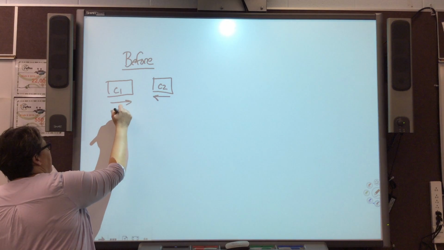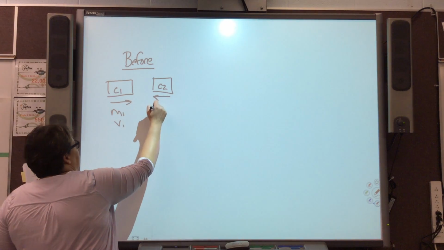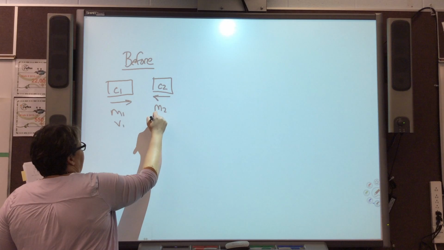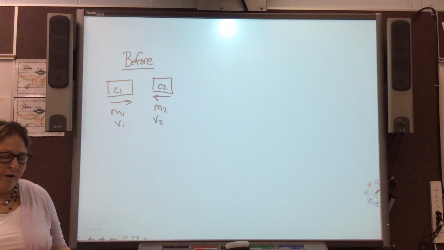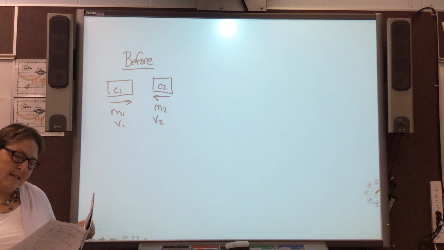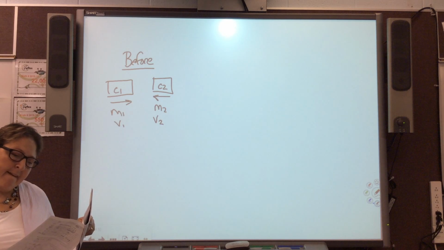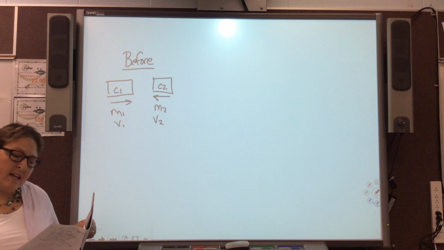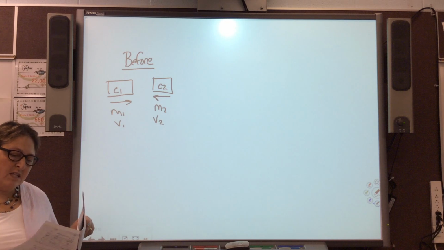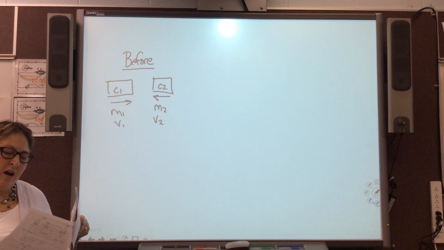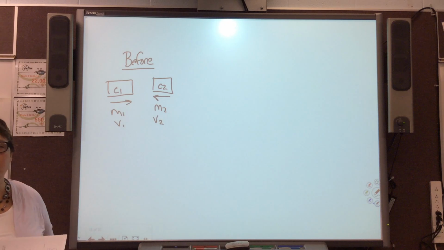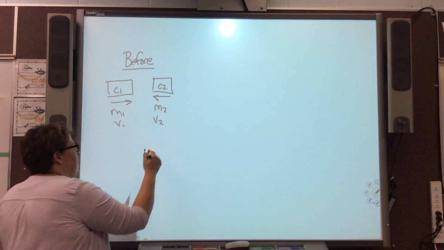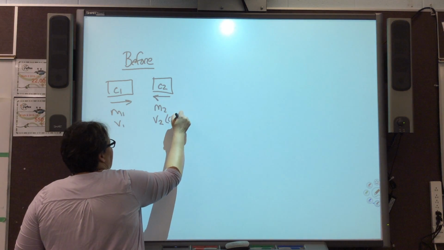So this is mass 1, velocity 1, this is mass 2, and velocity 2. In the second sentence, the student varies the velocity of cart 1 for each trial, it should be trial, not trail, but ensures that the velocity of cart 2 remains the same. So this is constant.